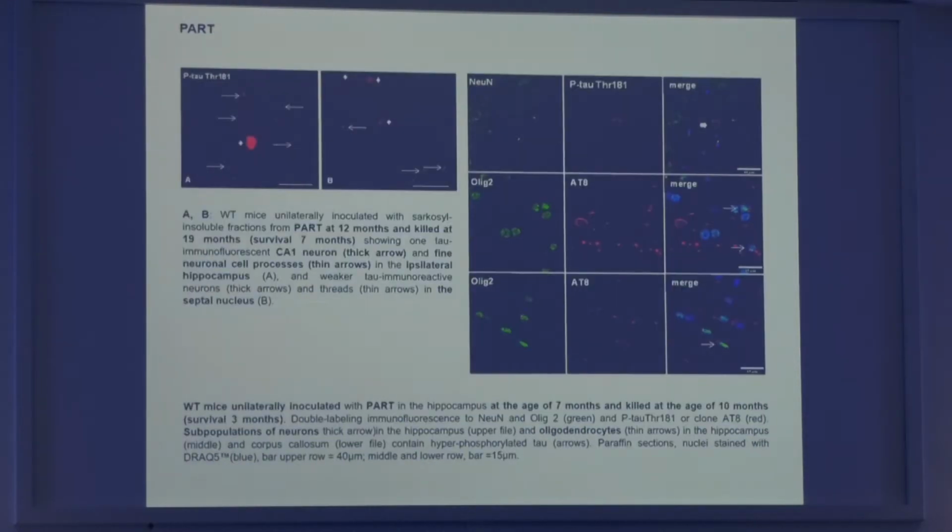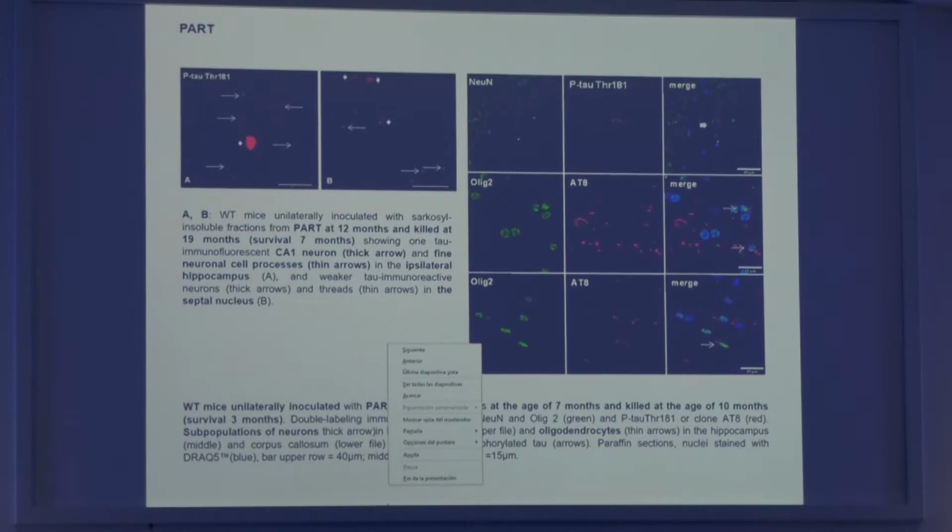Well, the next one is an indication of what kind of structures we are labeling. And some of them in PART are neurons, not only neurons, but cell processes also, distant processes, and also cell processes in the different regions, in distal regions.